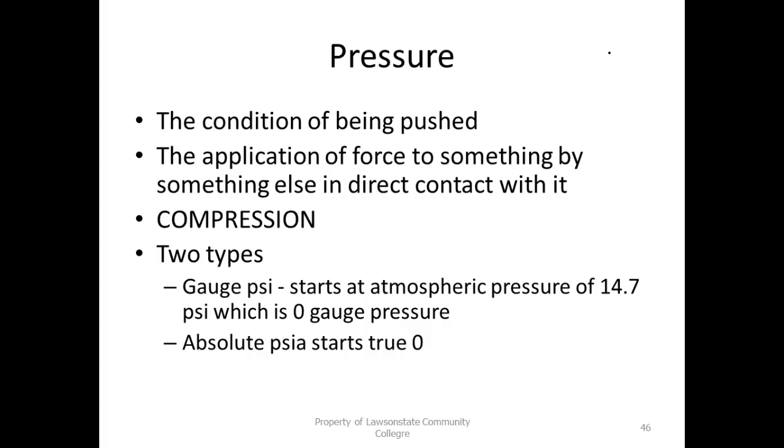So gauge pressure, this is what most gauges do, so they're actually giving you something wrong. What gauge pressure basically ignores is atmospheric pressure. And unfortunately, we have to overcome atmospheric pressure before we can really do anything, right? So when a gauge is showing 0, there's actually 14.7 psi available.